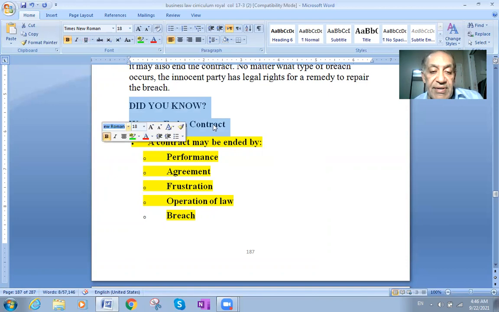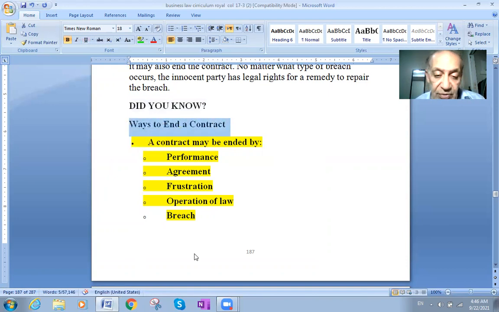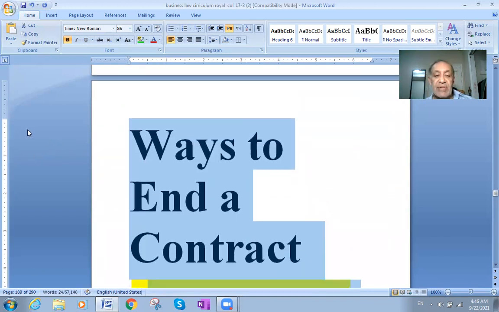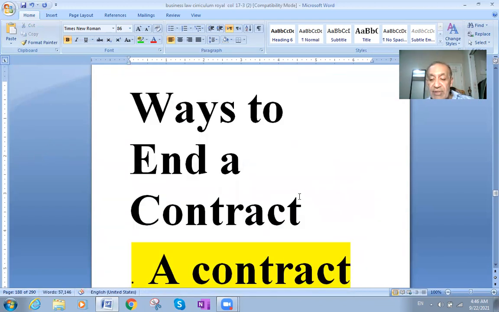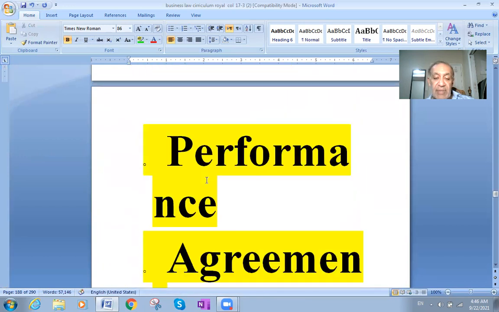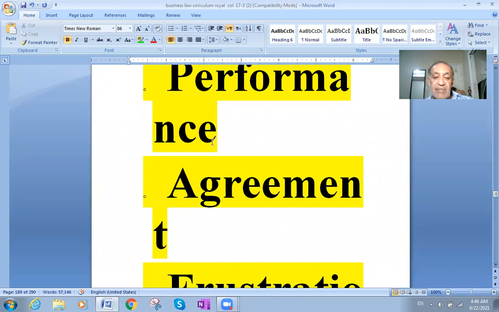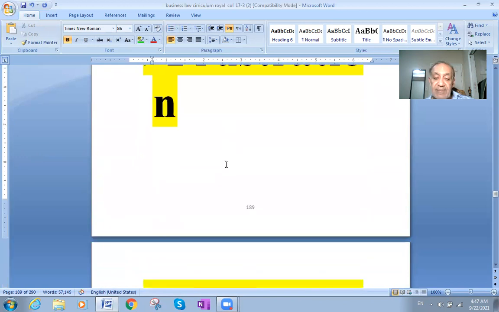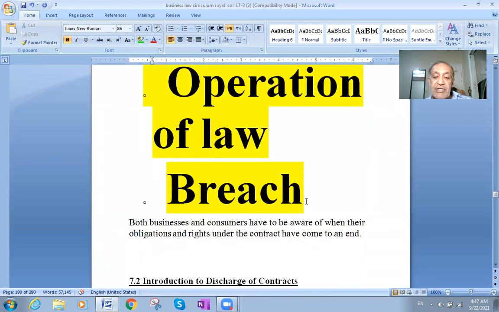So what are the things which will end a contract? How can a contract be ended? A contract may be ended by performance, agreement, frustration, operation of law, or breach. If you have breached the law, this also breaches the main points of the contract: the capacity and voluntariness.